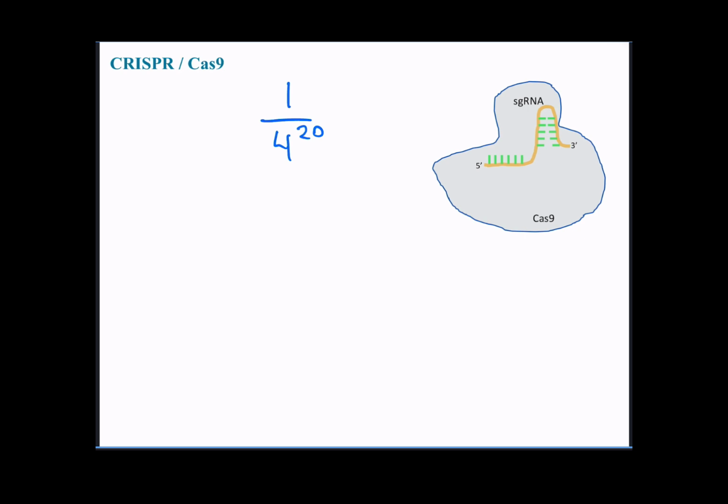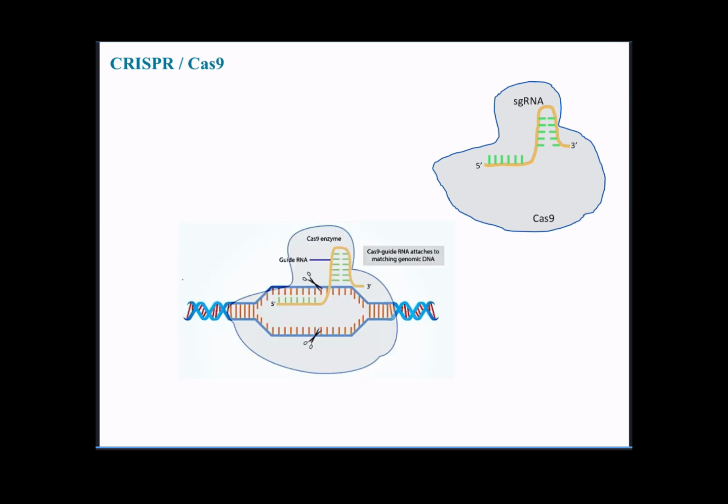So the way we use CRISPR-Cas9 in genetic engineering or genetic editing is we now know where we would like to introduce a double-strand break in DNA. All we need to do is design an sgRNA that surrounds that cut site that we'd like to target. So we design an sgRNA knowing the sequence before and after that cut site.